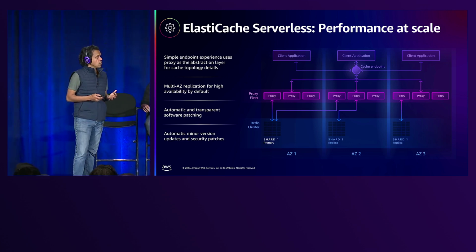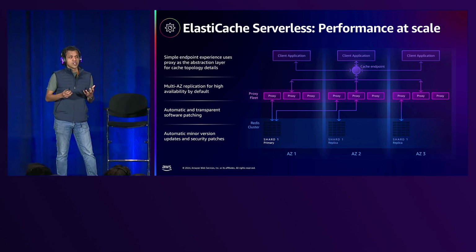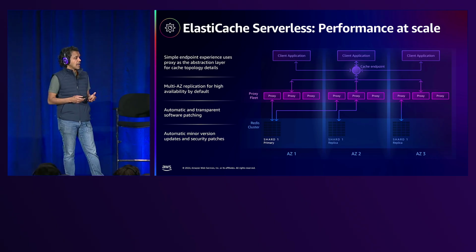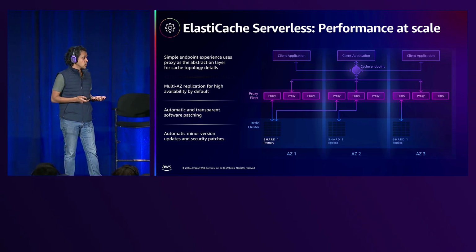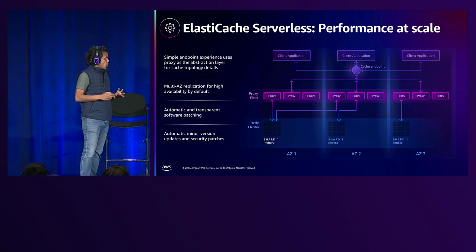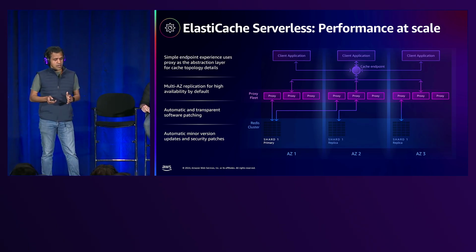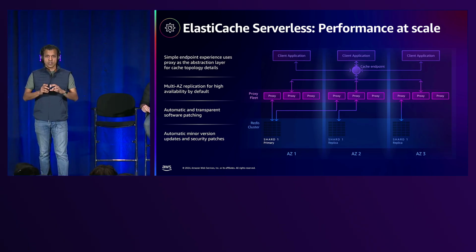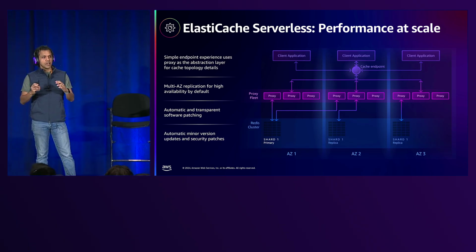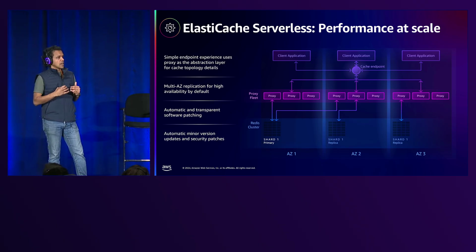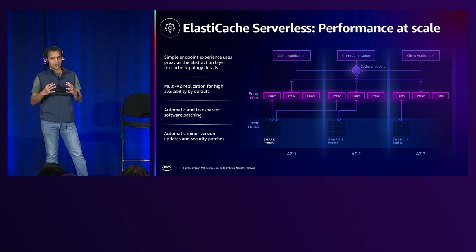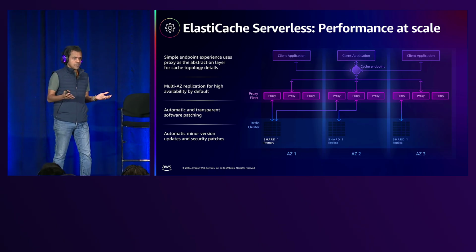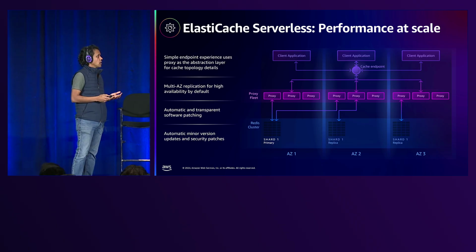So this gives you really fast performance and high throughput at scale, right? We can support really high scales really, really quickly. The proxy architecture has other benefits listed on the screen, as you can see. Because you're talking to a proxy layer, we abstract the underlying cache node topology and the changes to the topology from your application.